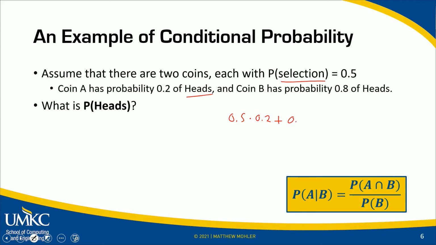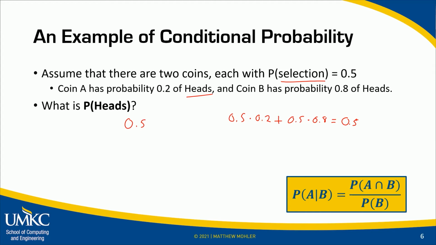I get 0.5, which is the probability of selecting B, and I multiply that by 0.8, which is the probability that B will give me heads. And when I multiply these together, we find that that equals 0.5 as a probability. So the probability of getting heads without knowing which coin is going to be picked is just equal to 0.5, or 50-50.